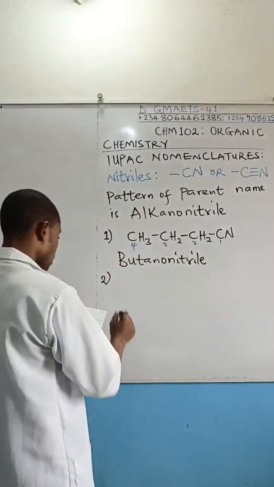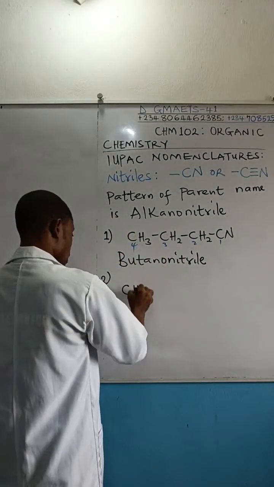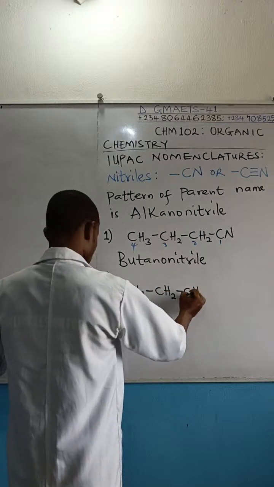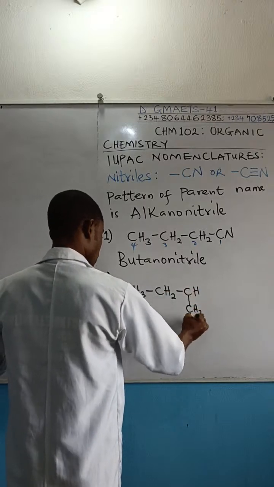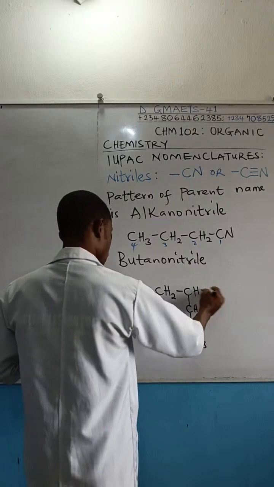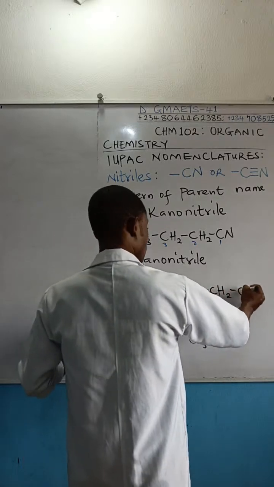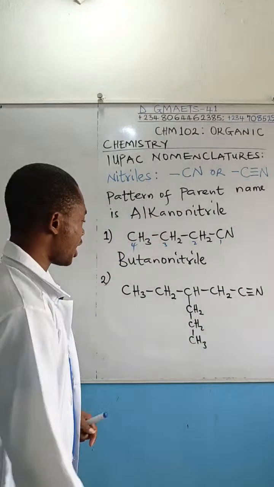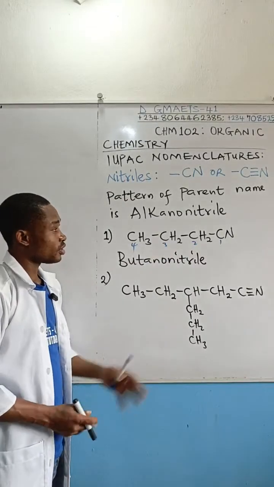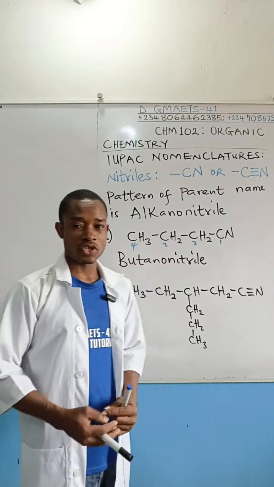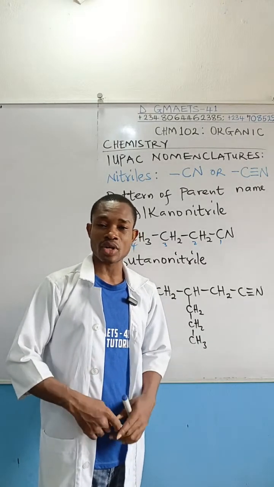Let's look at the second structure. I've got this. So what's the IUPAC name of this particular structure? Once again, identify the longest chain, knowing where to start your counting from.